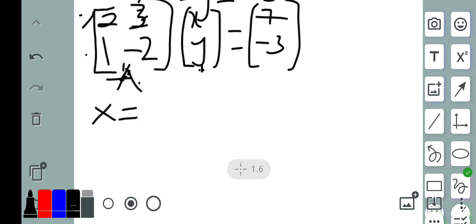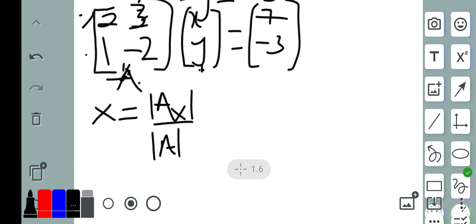My x is equal to the determinant of A subscript x over the determinant of A, and my y is the determinant of A subscript y over the determinant of A. In some texts they use D1, D2, or Dx and the like, where D stands for determinant.